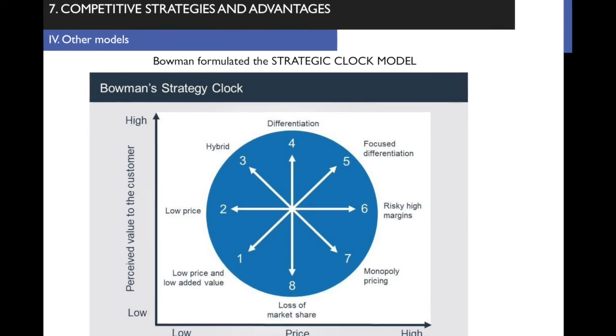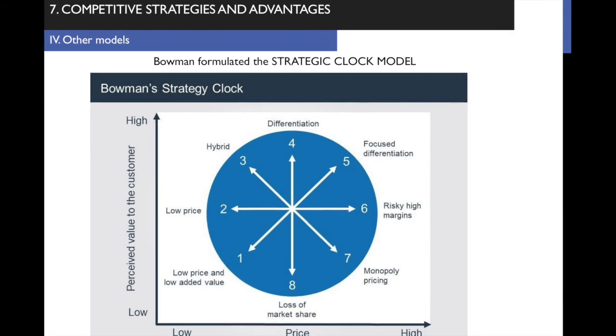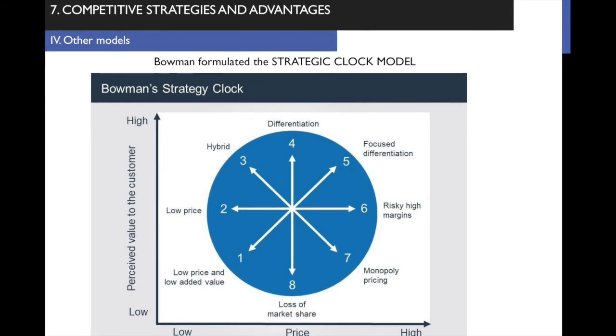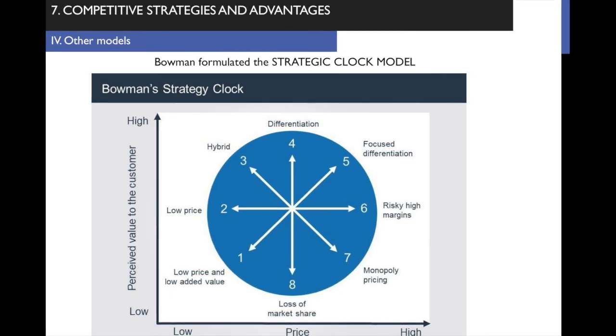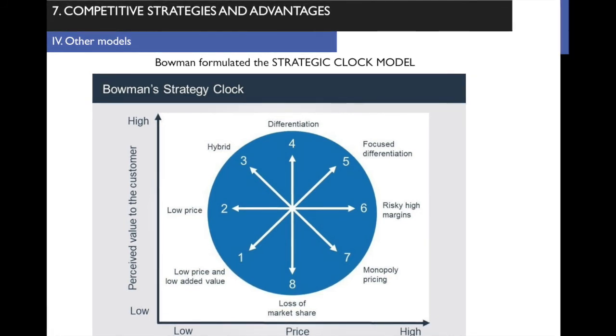Well, what about positions 6, 7, and 8? These positions tend to failure. Why? Because they are creating the final customer less value than the price that the final customer is paying for them. In fact, the perception of the customer is that he's not getting what he's paying for.